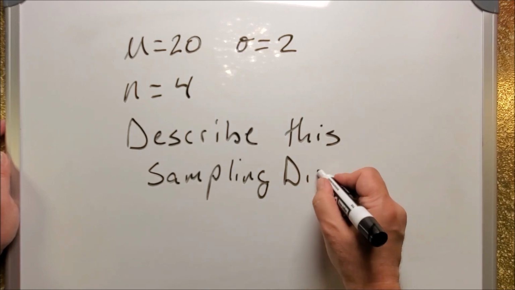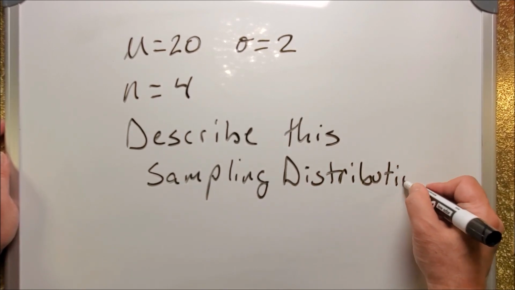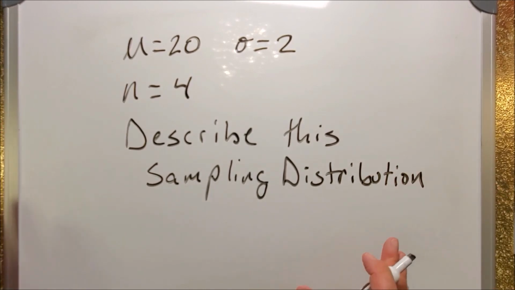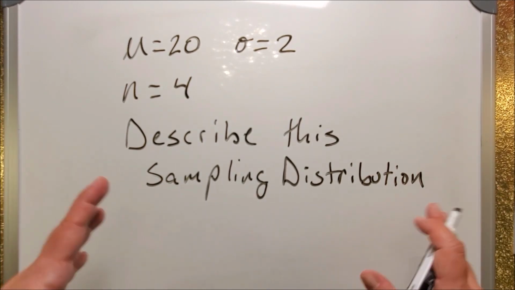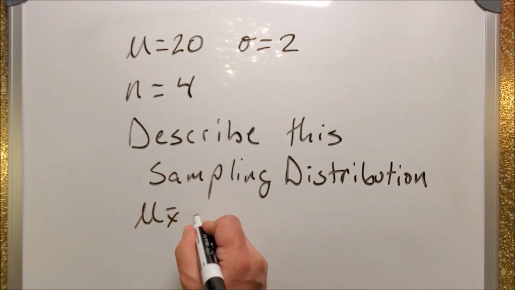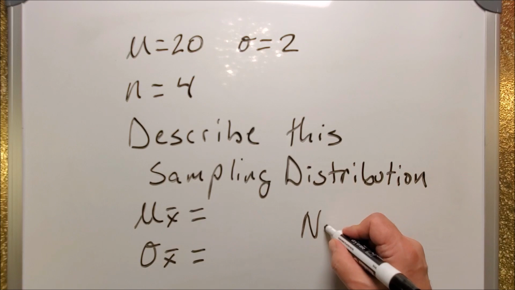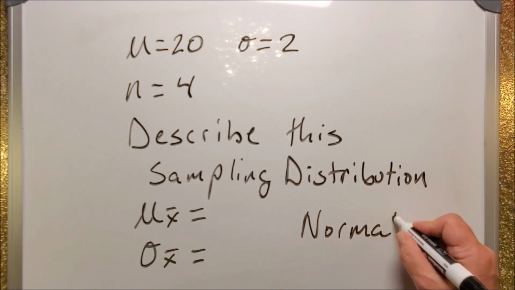To describe a sampling distribution is a phrase that's commonly understood to mean talk about three things: talk about what mu sub x bar is, talk about what sigma sub x bar is, the standard error, and address the topic of normality.